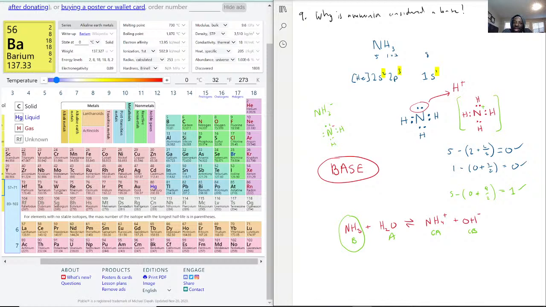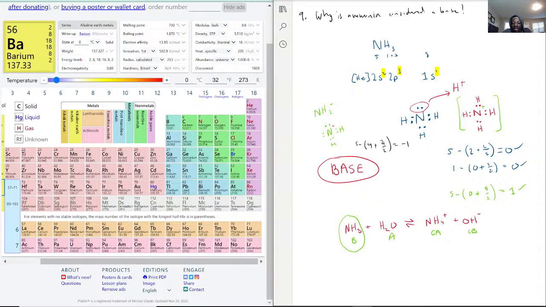Not only would it have fewer hydrogen bonds, which it doesn't like, its electron number, if you did the math, would be 5 minus 4, because there's 4 electrons in this lone pair, plus 4 over 2. So it'd be 5 minus 6, so it'd be minus 1. So now it's lost a hydrogen and is also off balance in regards to its charge. It really gained nothing. So it would never, or rarely actually, want to give up a hydrogen to form NH2 minus.